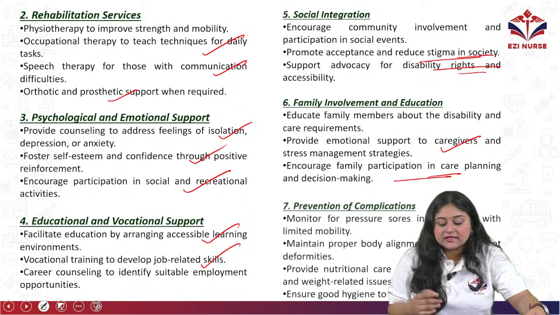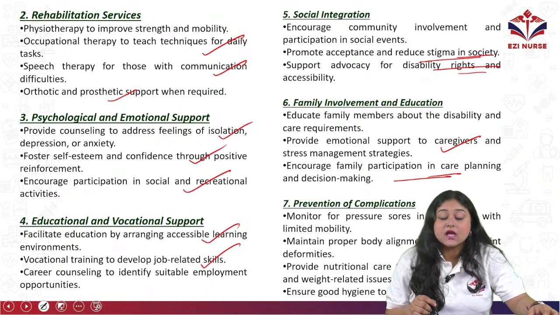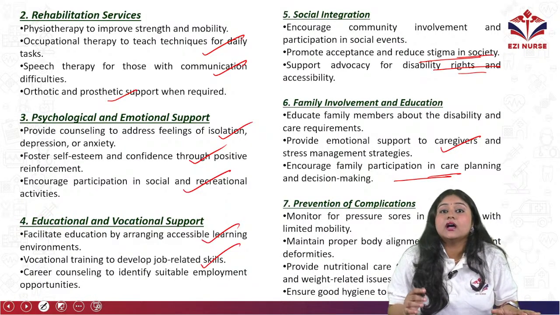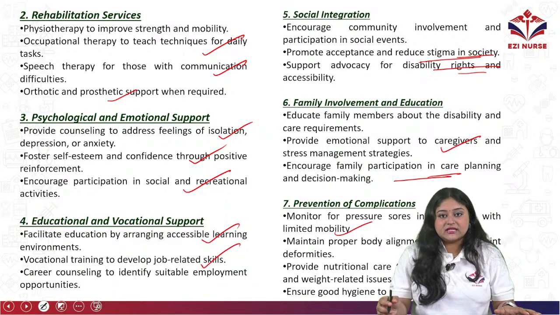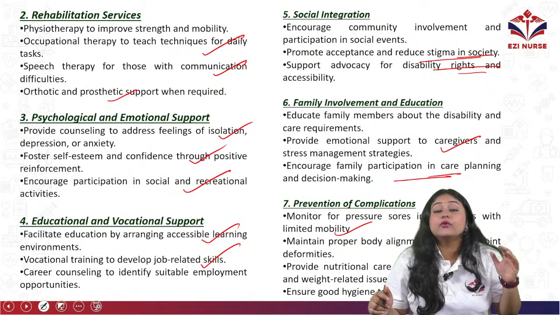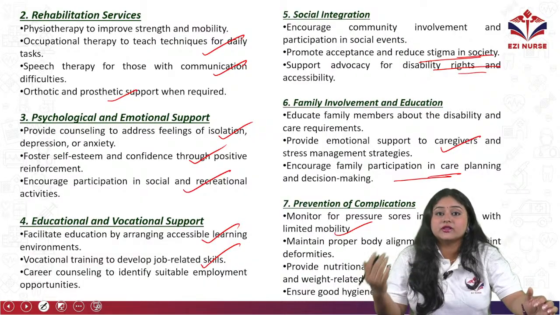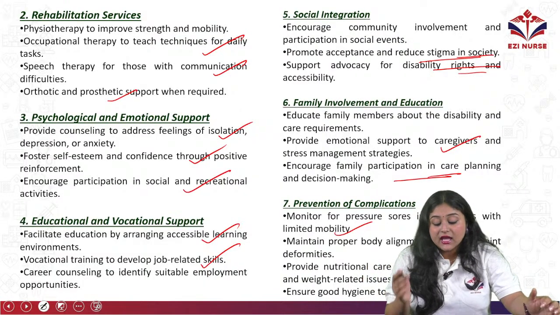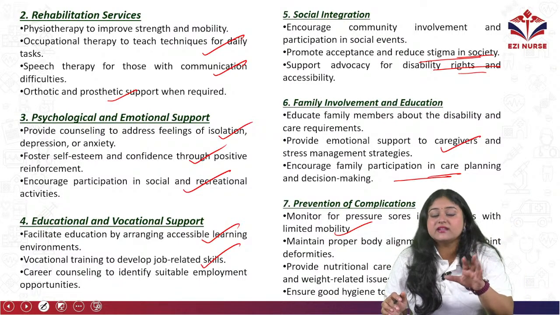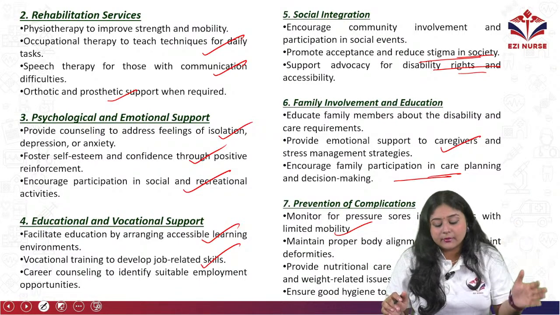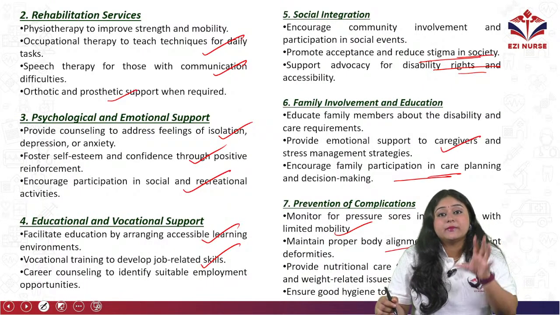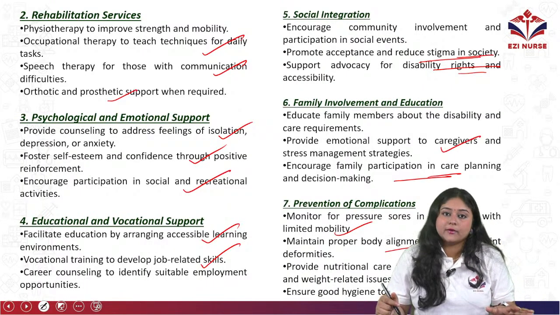Okay, next one is the prevention of complications. So we have to monitor for pressure sores in individuals with limited mobility, especially the bedridden patient who is not able to move. For this there is a chance of getting bed sores, or pressure ulcers. So whatever the management is, we have to tell the family members. Next, we have to maintain proper body alignment, which mainly helps to prevent joint deformities.